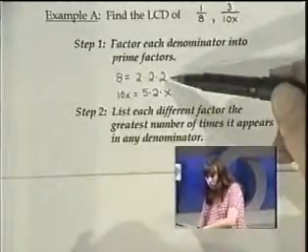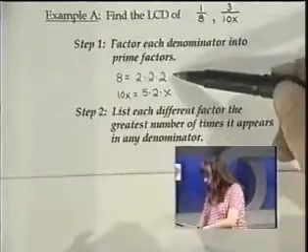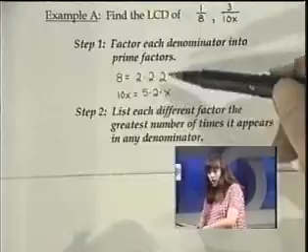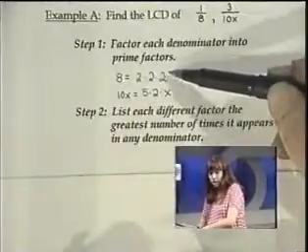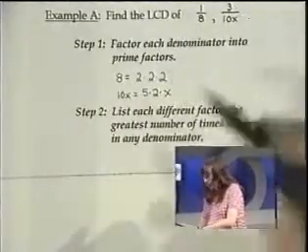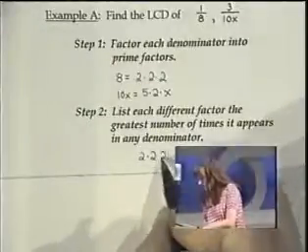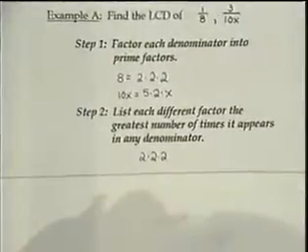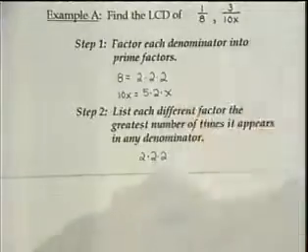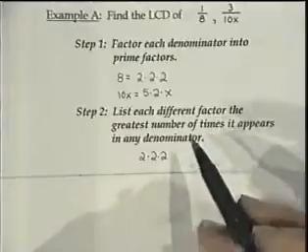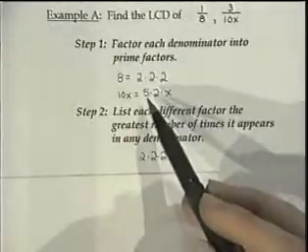Well, here 2 appears 3 times. And here 2 appears once. Clearly, 3 times is greater than once, and therefore I'm going to list 3 2's, because that's the greatest number of times I see 2 appearing in either of the denominators. Let's move along to the next factor, which is 5.